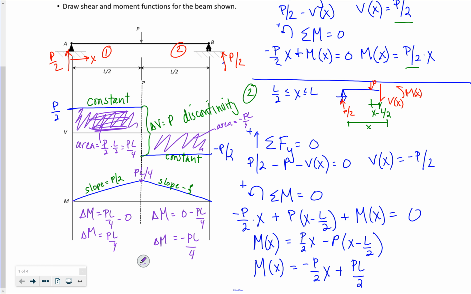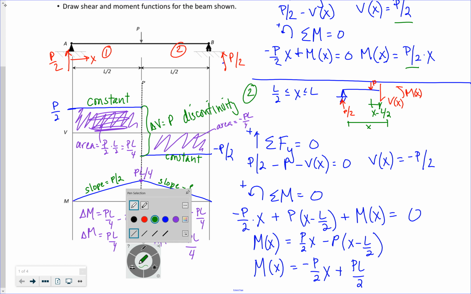Shear is constant, so moment has a linear relationship with the length, right? Yeah, we could write linear. Linear, right?